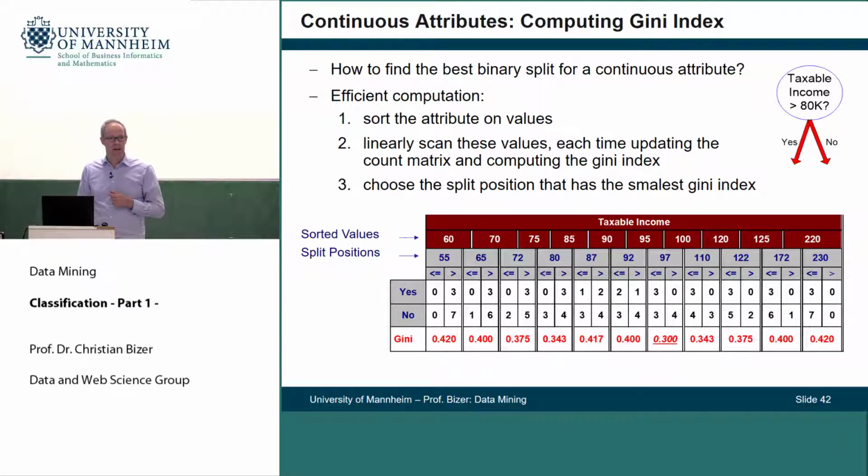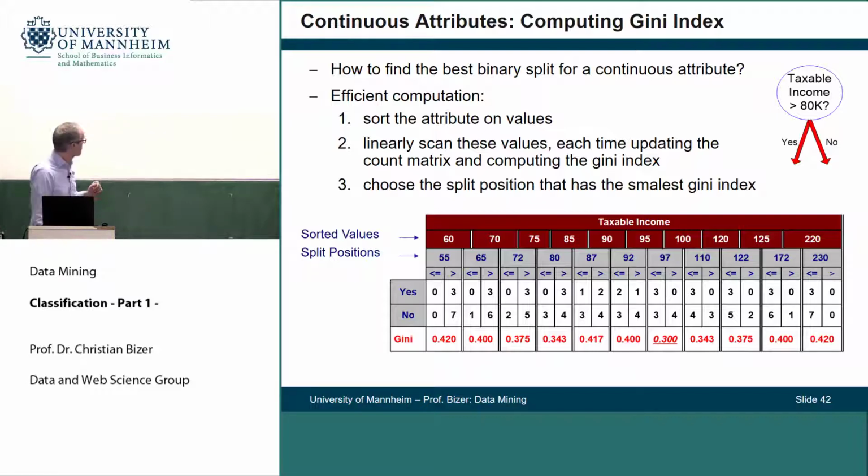Between 70 and 75, we put 72 as potential splitting boundary. So that's the second row, the possible split positions, and now we scan once over the data set and basically calculate the Gini for each of the possible split positions.